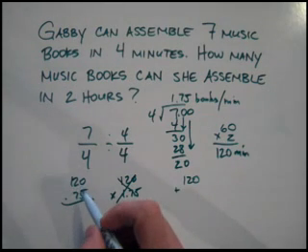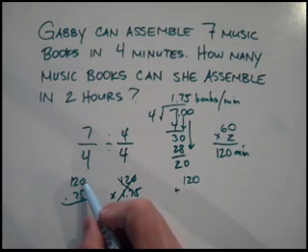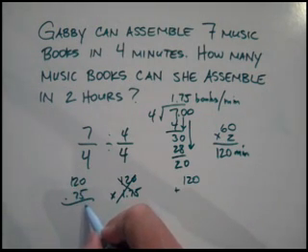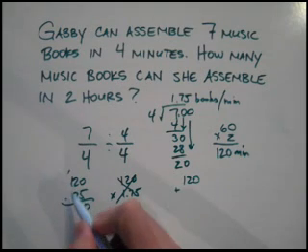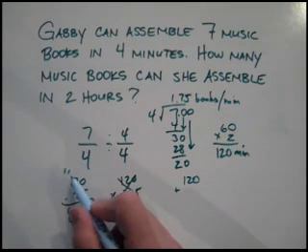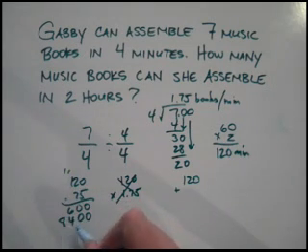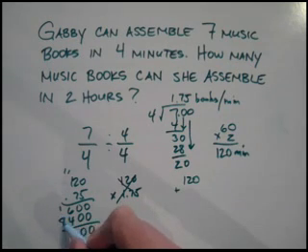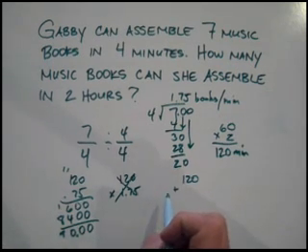120 times 0.75, that's going to be, let me move that quickly, 0, 0, 1, 6, and 0, 0, 4, 1, 8. There we go, 0, 0, 0, 1, 9, move the decimal, I've got 90, okay?